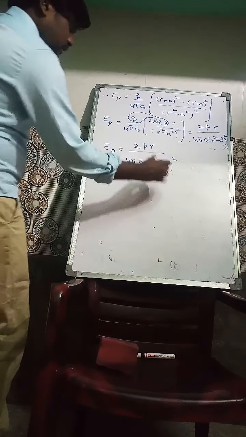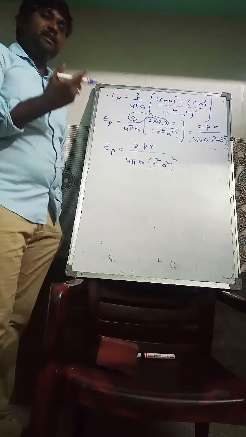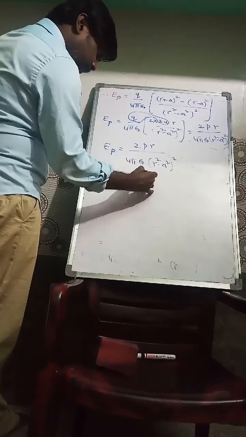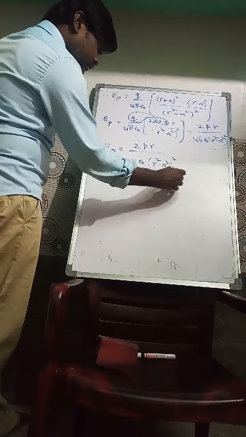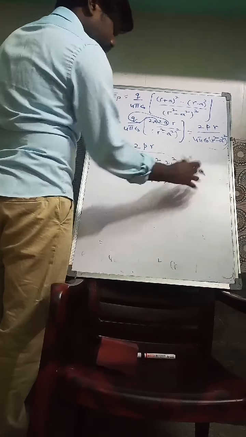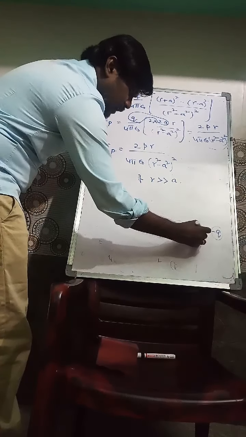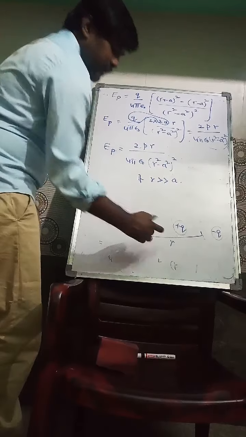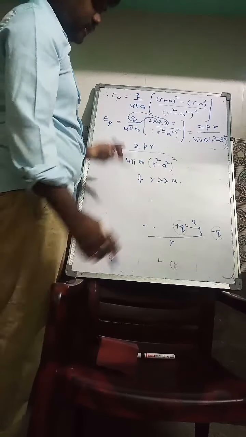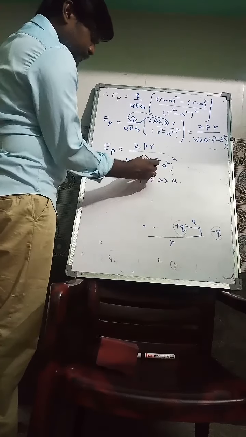Now suppose the dipole is small when compared with the distance R. This is plus q and this is minus q that we have taken, and R is very much greater than this A. That is, if the dipole is very small, in that particular case how do we proceed?